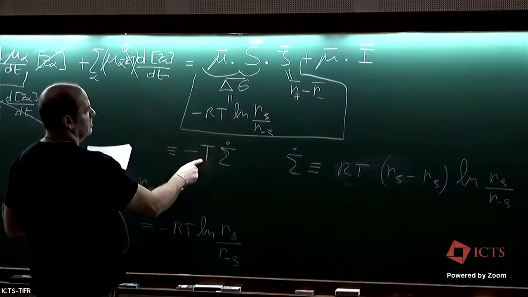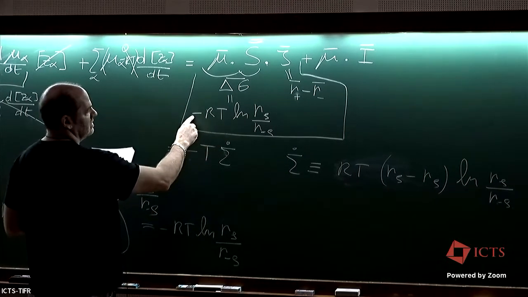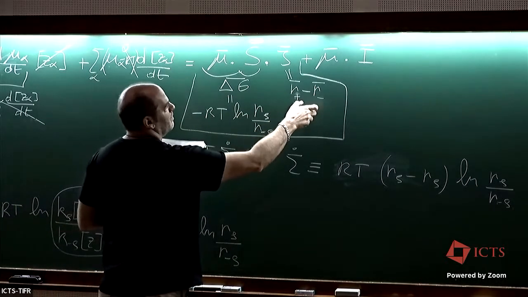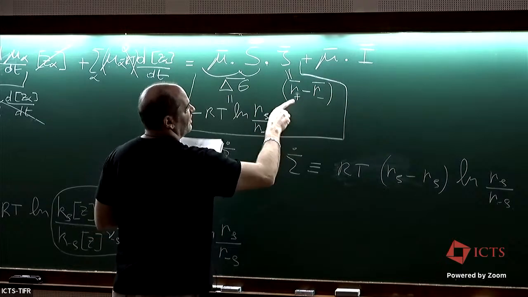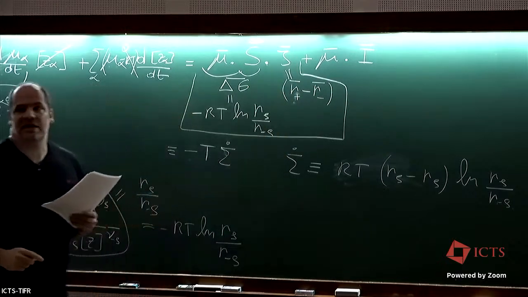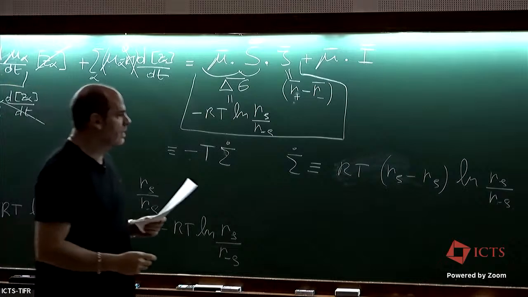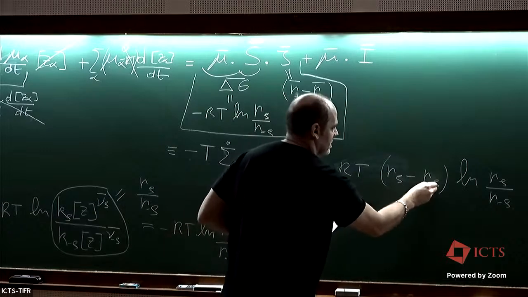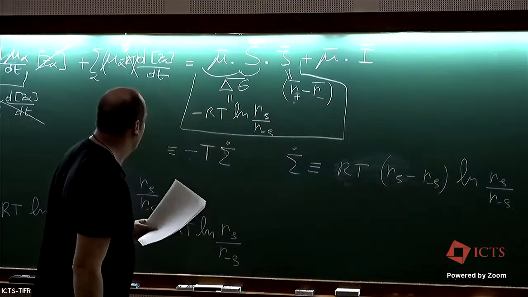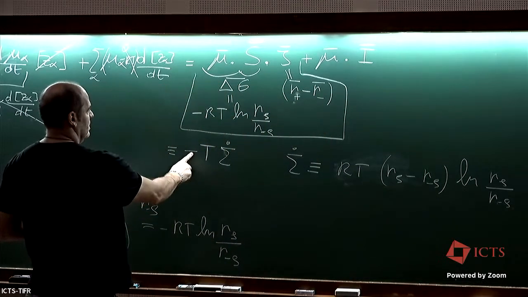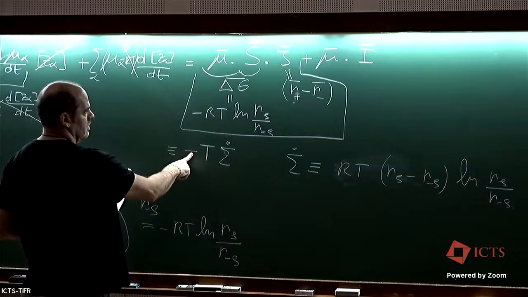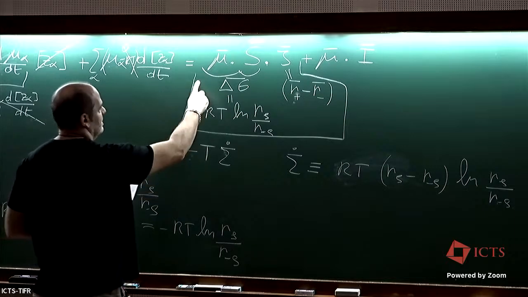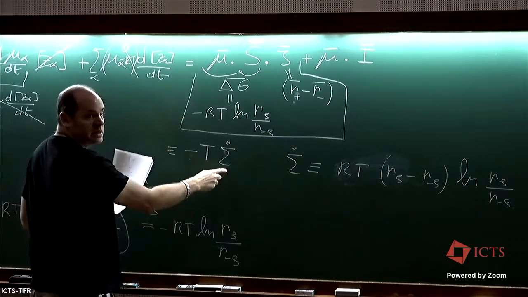So I took out the T and the minus. What is left is R times log of this ratio multiplied by the difference between forward and backward flux, which is the net flux. I defined this entire thing as minus T sigma.